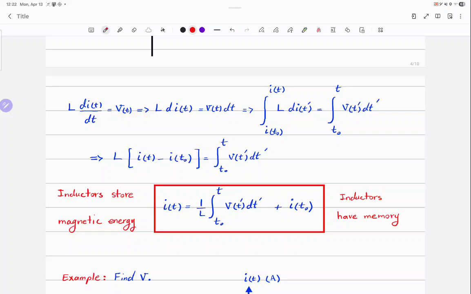How can I say this? Think of this case. If the voltage across an inductor is 0, the integral goes to 0, right? But still you could have some current in it.